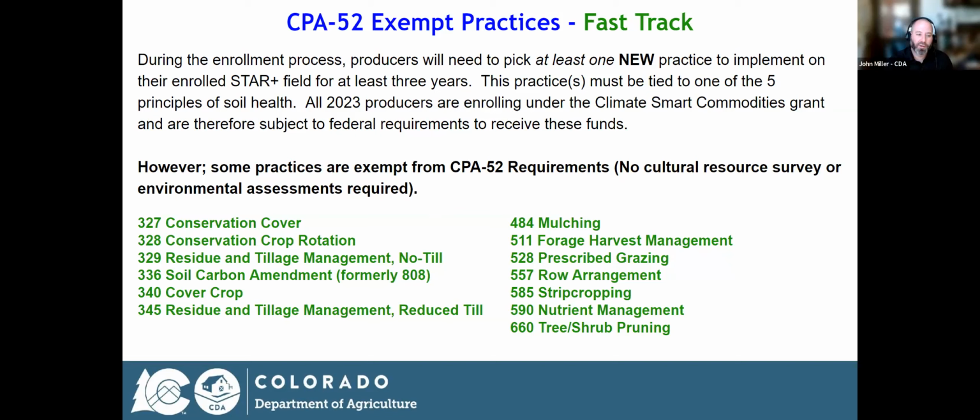So these are some of the most common soil health practices and some of the most common STAR Plus practices that we saw in the last year being implemented.